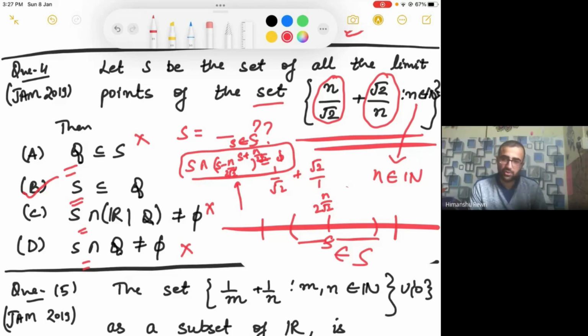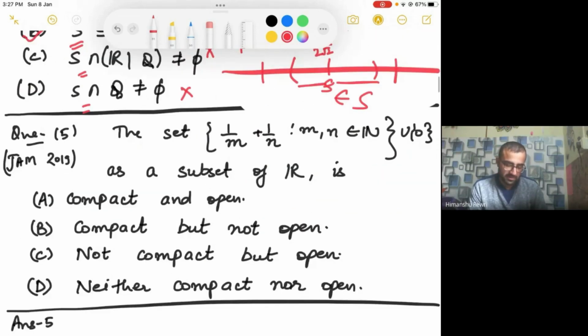Okay, so let's go to question number 5. We have the collection 1 divided by m plus 1 divided by n such that m, n are natural numbers. And also we are considering 0 in this set.